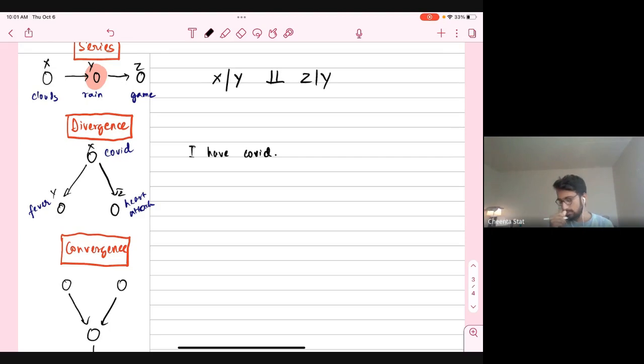Knowing that I have COVID, the information, okay, I think this is a bad example because you can see they're independent, because fever and heart attack may be dependent on each other. So that's the basic idea. Let me think of a better example.